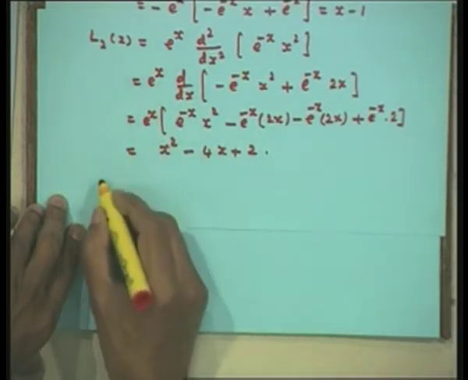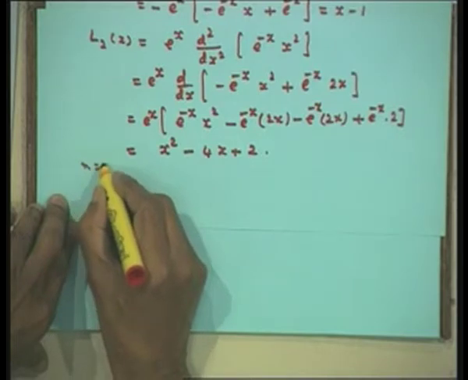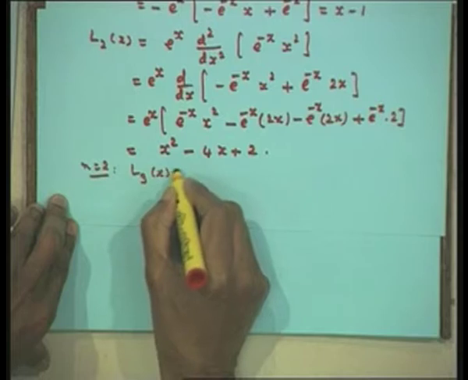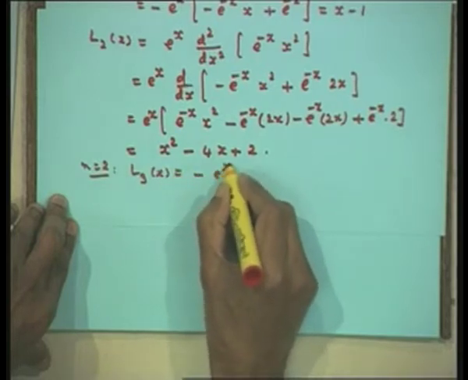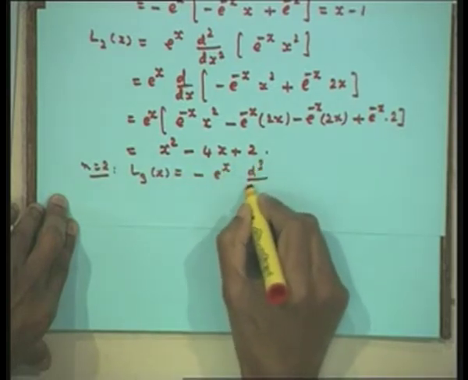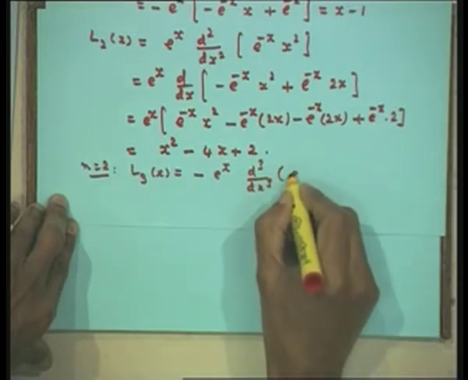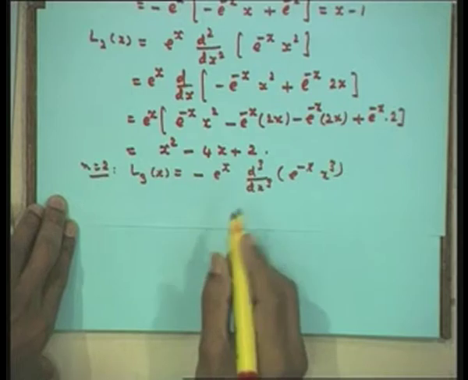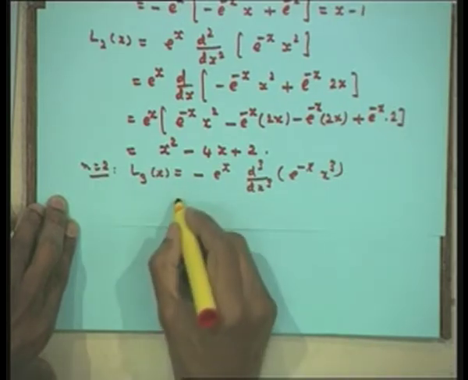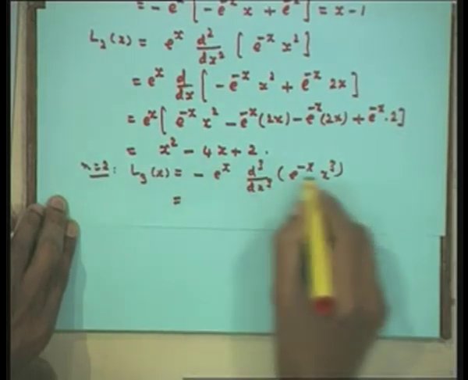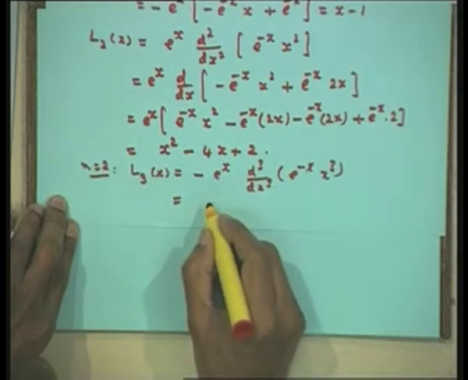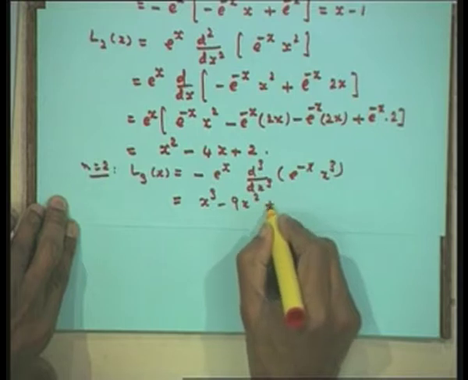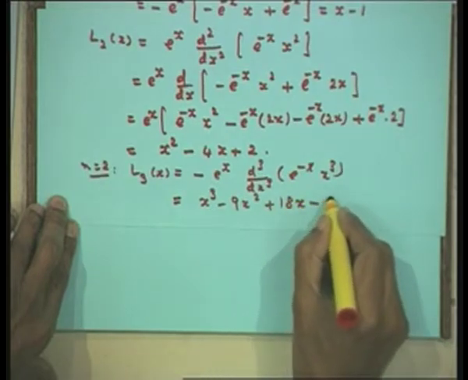Now, set n equal to 2 and I will get the Laguerre polynomial L3 of x. That will give me minus e to the power of x, d cubed upon dx cubed of e to the power of minus x into x cubed. Now, I will leave this derivation for you. This value comes out to be x cubed minus 9x squared plus 18x minus 6.